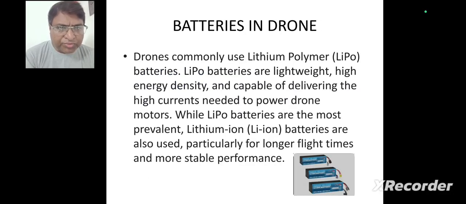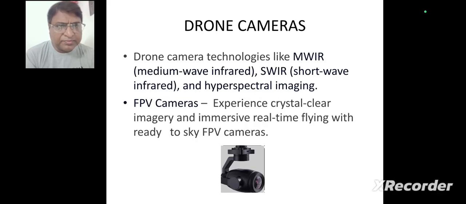Batteries in drones. Drones commonly use lithium polymer batteries. LiPo batteries are lightweight, have high energy density, and are capable of delivering the high current needed to power drone motors. While LiPo batteries are the most prevalent, lithium ion batteries are also used, particularly for longer flight times and more stable performance.